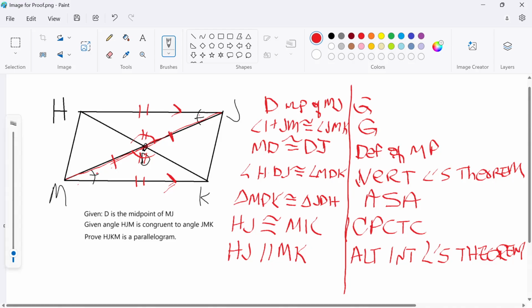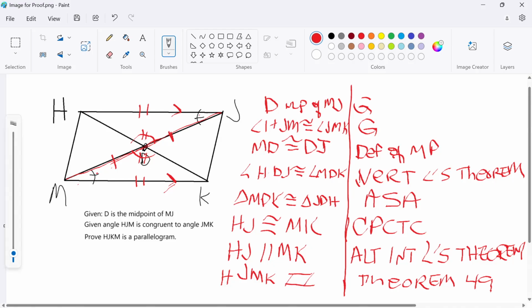Well, since HJ and MK are congruent and parallel, now it's called Theorem 49. I don't know what it's called. In some classes, they go by the principles to prove or ways to prove that figures are parallelograms. This is Theorem 49. HJMK is a parallelogram.